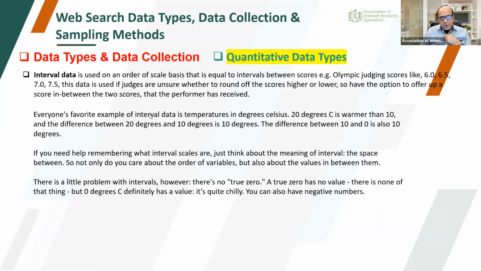Another example of interval data is shown here in Celsius, for instance, in the scale of measuring temperature. 20 degrees C is warmer than 10, and the difference between 20 degrees and 10 degrees is 10 degrees.